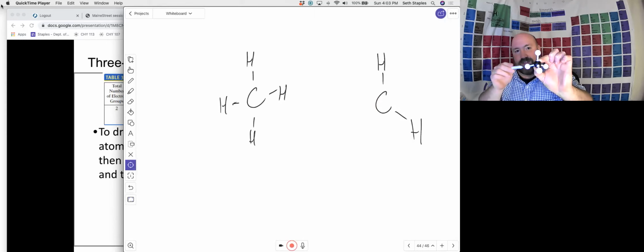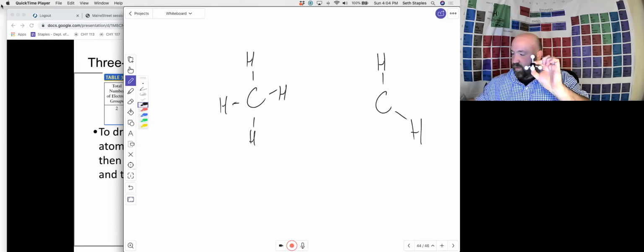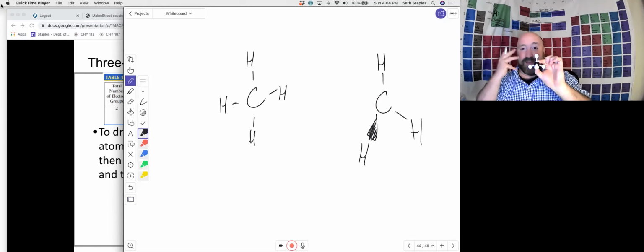So those are all 3 in the same plane. But now I'm going to draw the one that's coming out towards you. So this one's coming out towards the screen, and I depict that with a wedge. So this wedge here means that this is coming out at you.